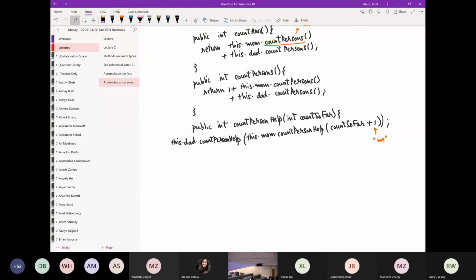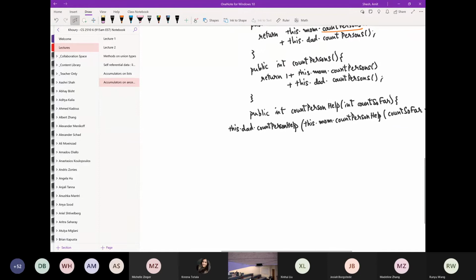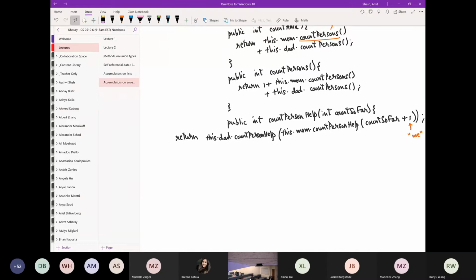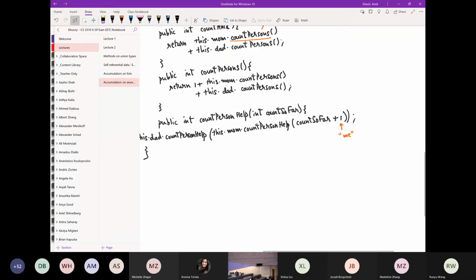So I told you when we write the code, reading it all at once seems confusing. But it helps to construct it step by step. Number 1, I'm going to call my mom's side. It is going to return me the number of persons I have seen thus far, including myself and everybody on my mom's side.